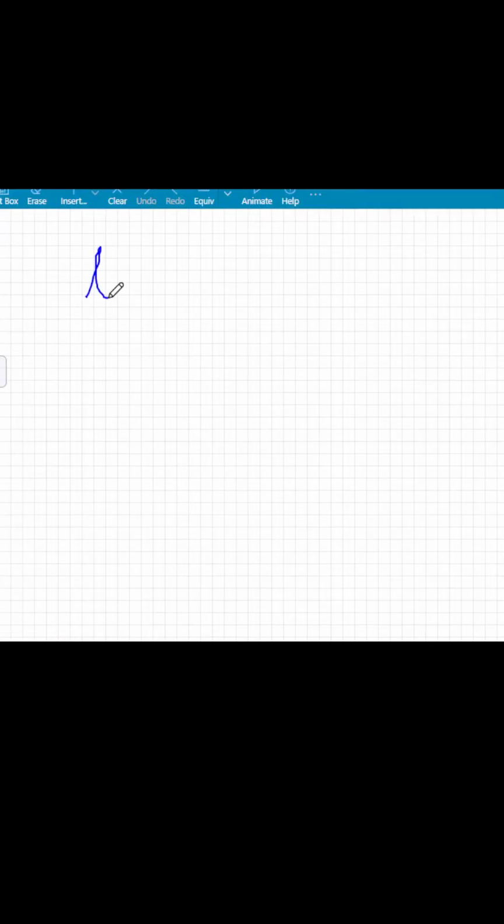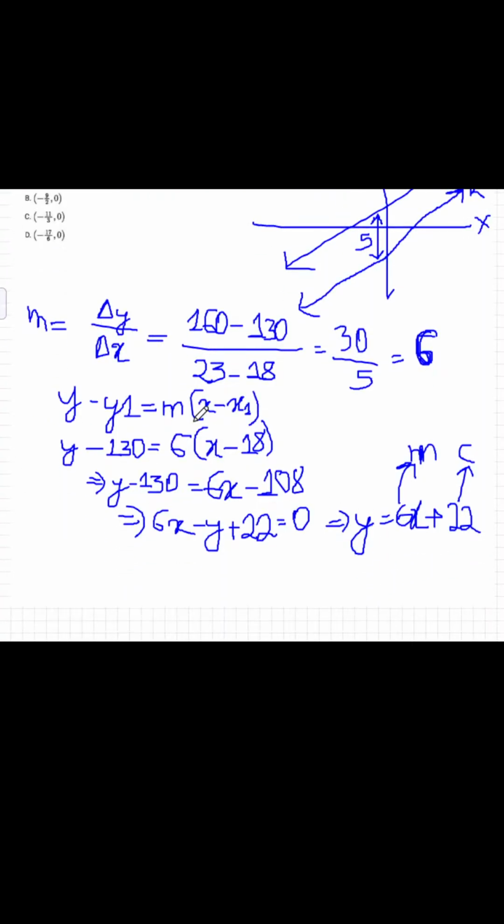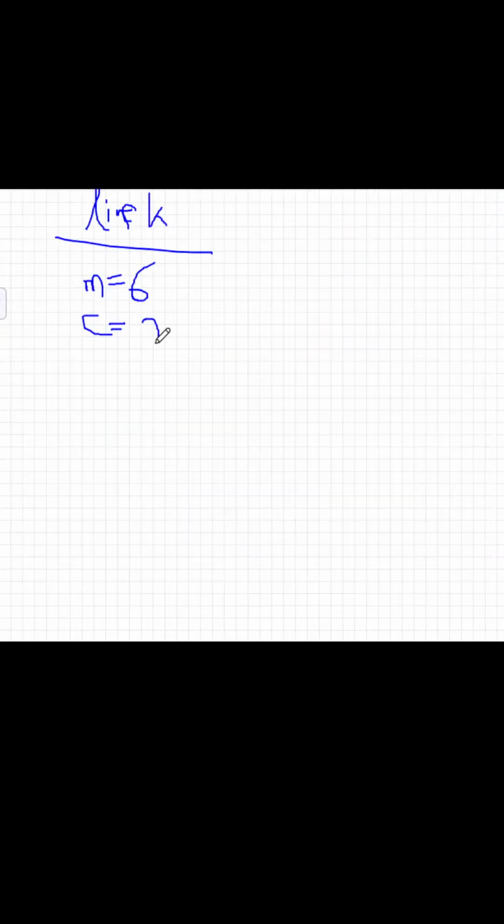So for line K, the slope is the same, so m is equal to 6, and the y-intercept will be 5 less than what H had. H had a y-intercept of 22, which we derived from the equation. So this y-intercept will be 22 minus 5, which is 17.